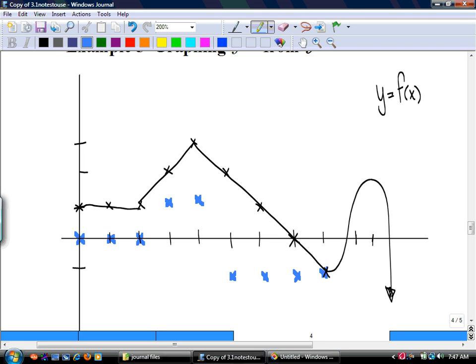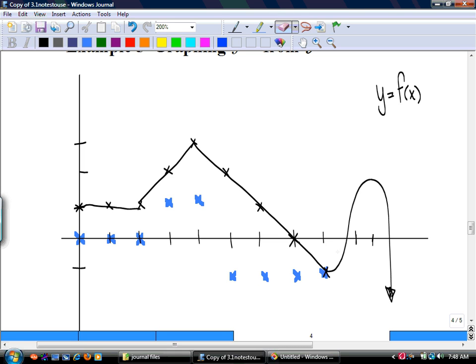Okay. So we're going to talk about from here to here. The slope is small and positive, really big and positive, and then as it gets to the bump, it gets really small and positive. Would you agree?